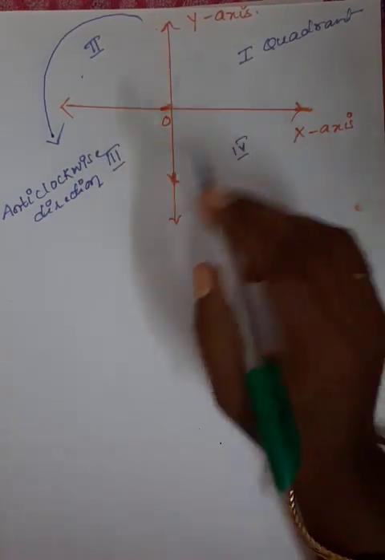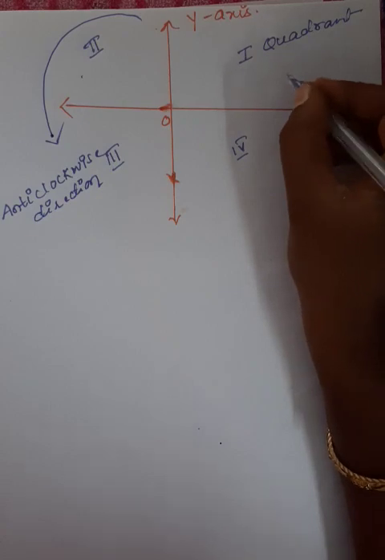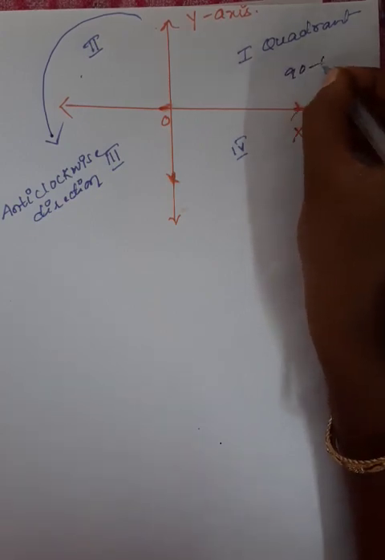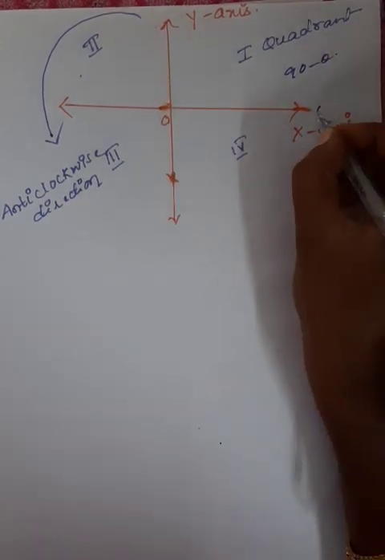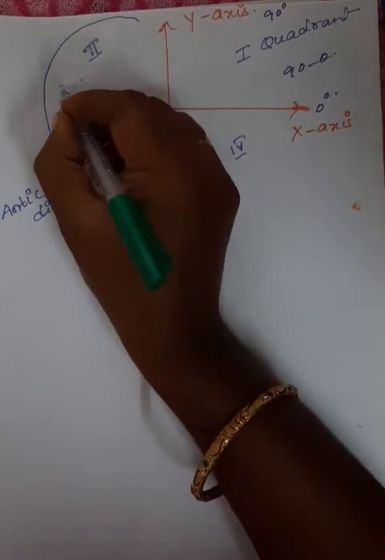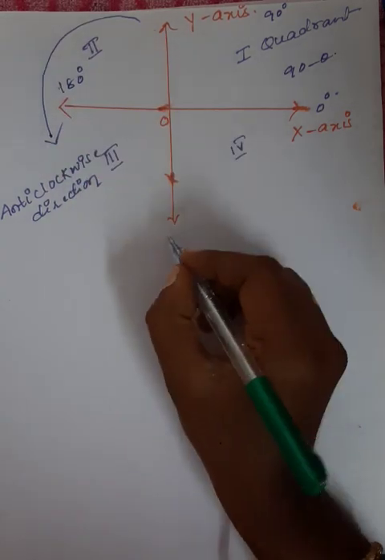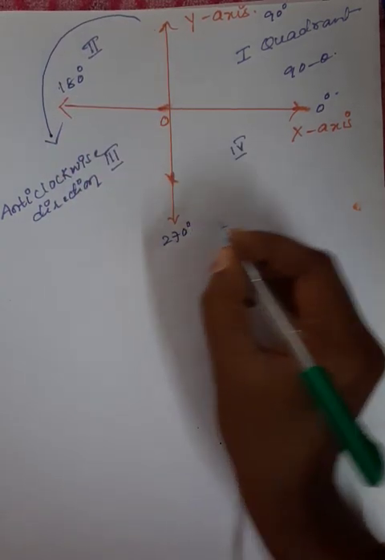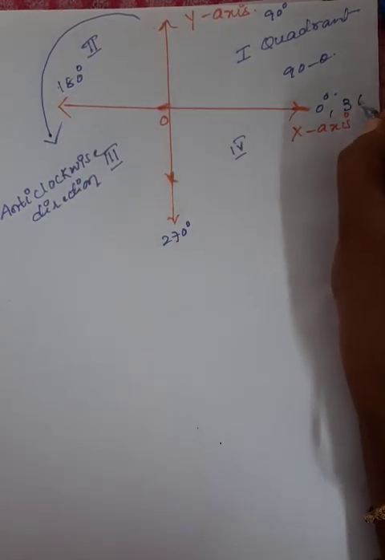So in this first quadrant we have to start with 90 minus theta. So here this is 0 degrees, this is 90 degrees, this is 180 degrees, this is 270 degrees, this is again 360 degrees.